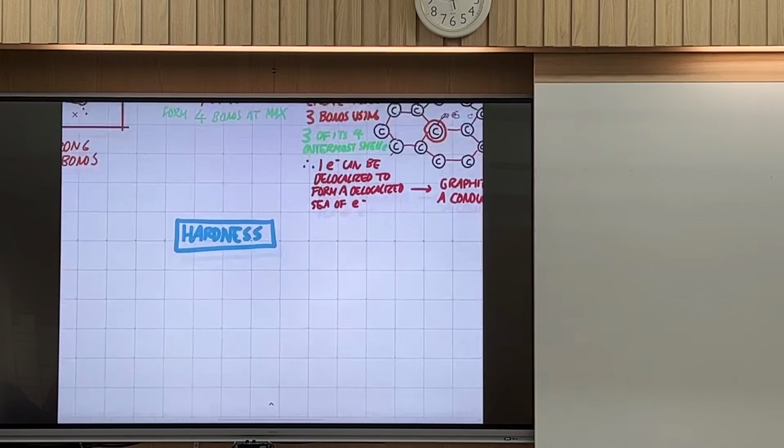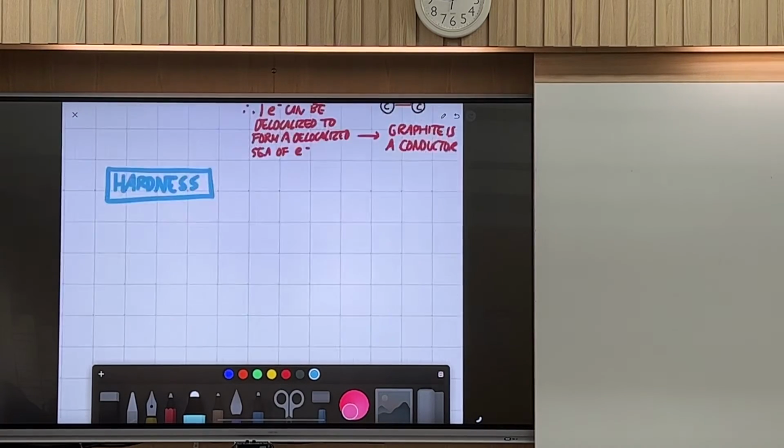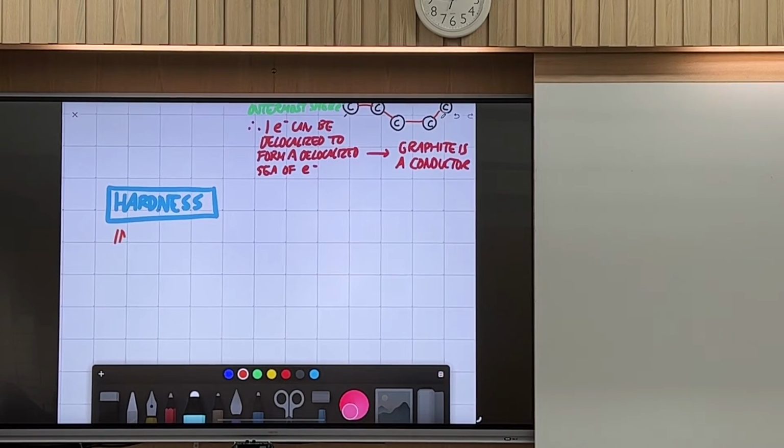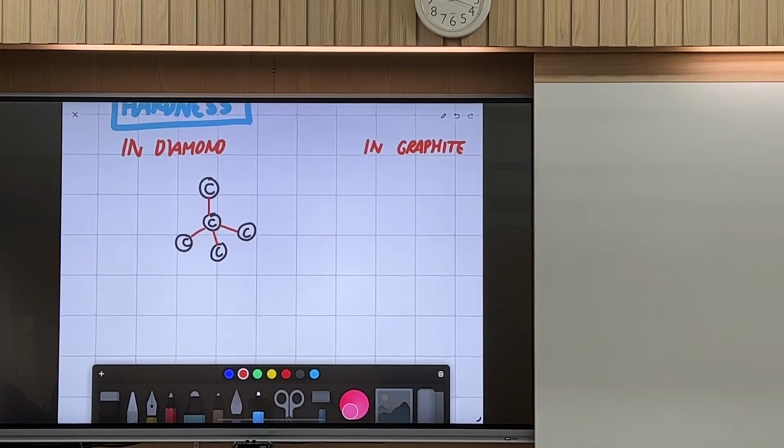First, I want you to draw diamond again. Hopefully after today's lesson, you know how to draw both of these structures very well. So can you draw diamond again? You have carbon, carbon, carbon, carbon, carbon everywhere. So all the carbons in these structures, what are they locked in?